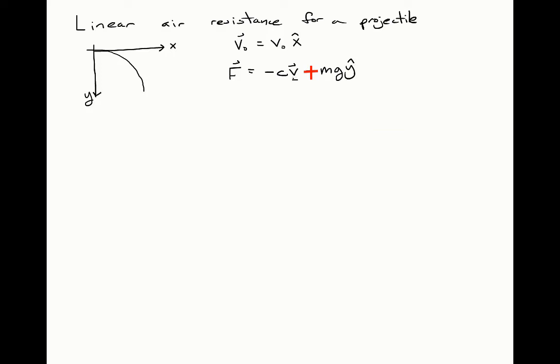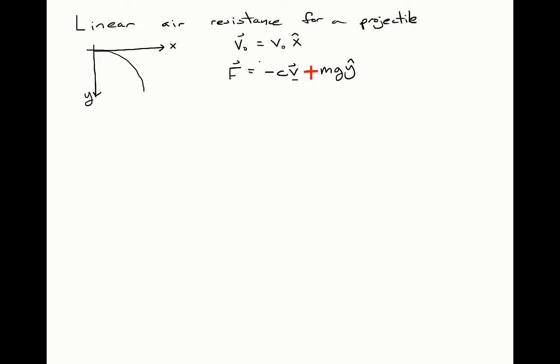If you try this with a quadratic drag force, and you can look at this in your book, we end up with differential equations that we can't solve without a computer. But we can do it for linear resistance. And gravity is in the y direction, as usual.